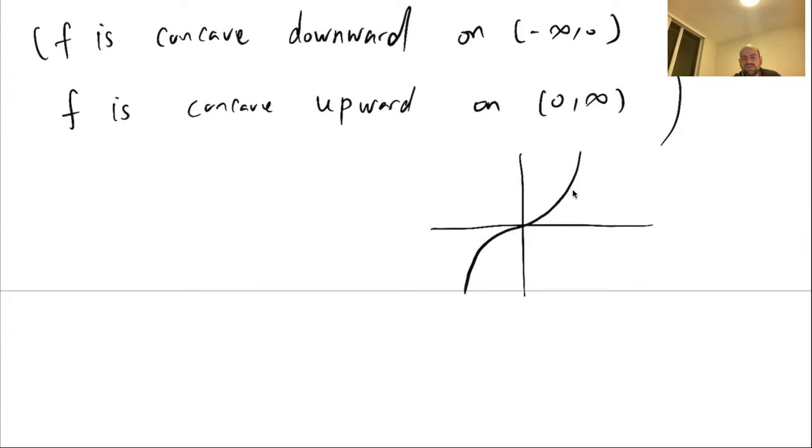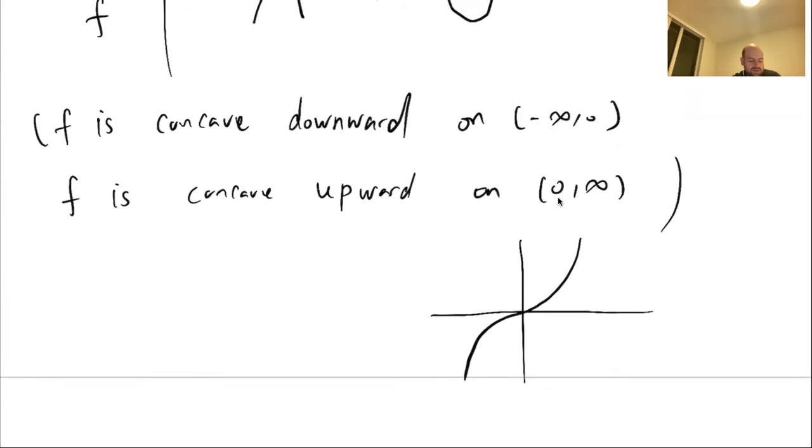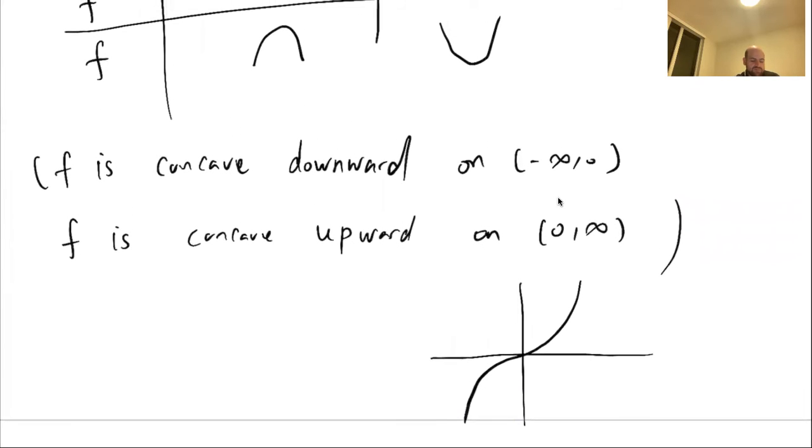If a graph looks like x squared, it means it's concave upward, and if a graph looks like minus x squared, it means it's concave downward. So concave downward before 0, concave upward after 0. And our calculation verifies this as well.